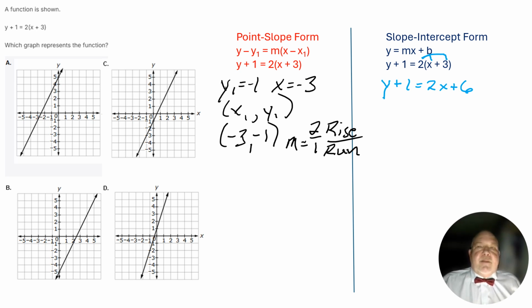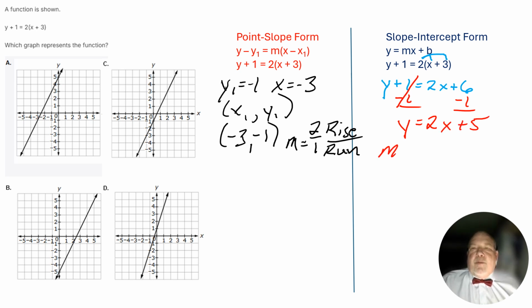And so I need to get rid of this plus 1. So I would subtract 1 on both sides, minus 1, minus 1. And I'm subtracting the 1 from the 6 because those are like terms. Can't subtract 1 from a 2x. Okay, so that gets rid of the 1 over here because that's 0. So now I'm left with y equals 2x plus 5.